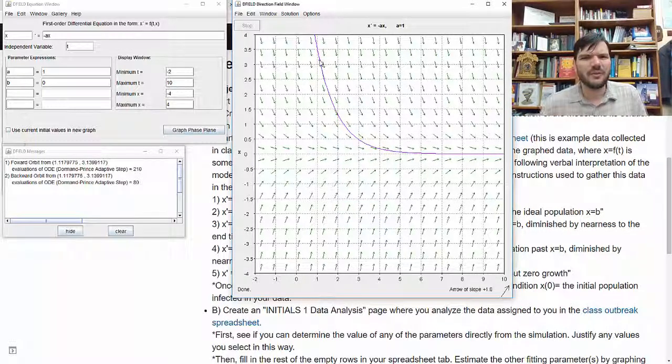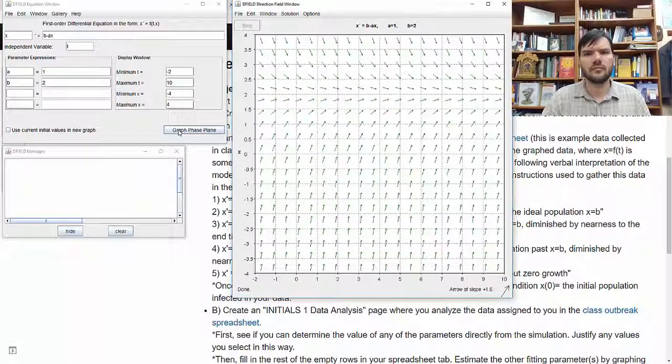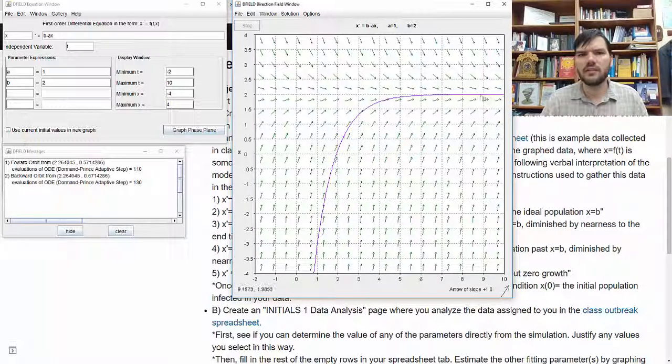Well, we don't have either of those. Well, this is different though. How about b minus ax? That gives us a population that comes up and converges towards a certain value.